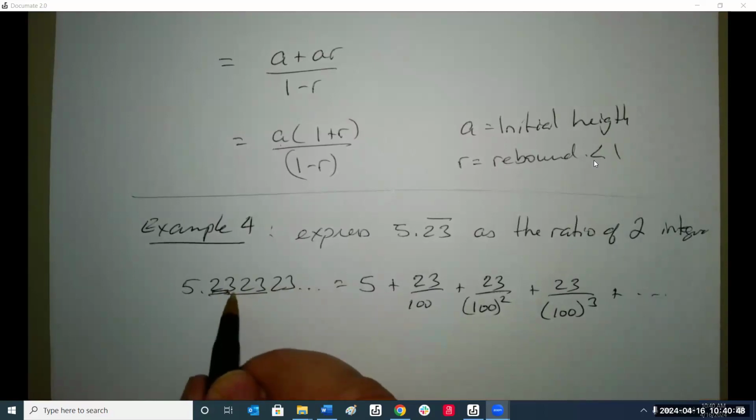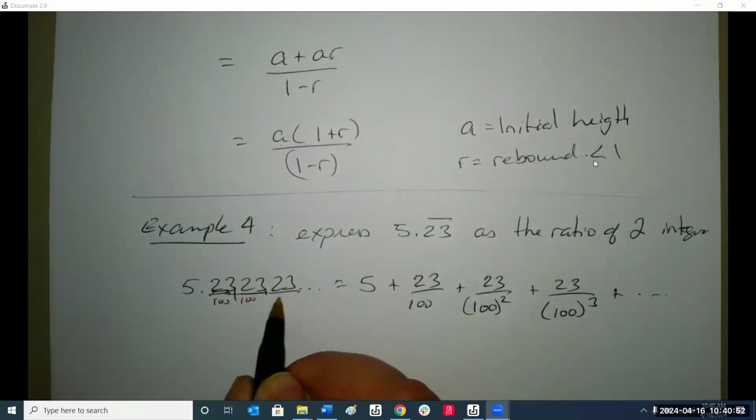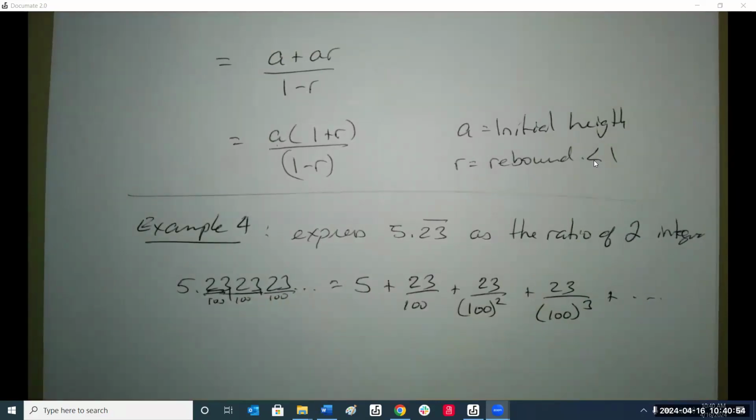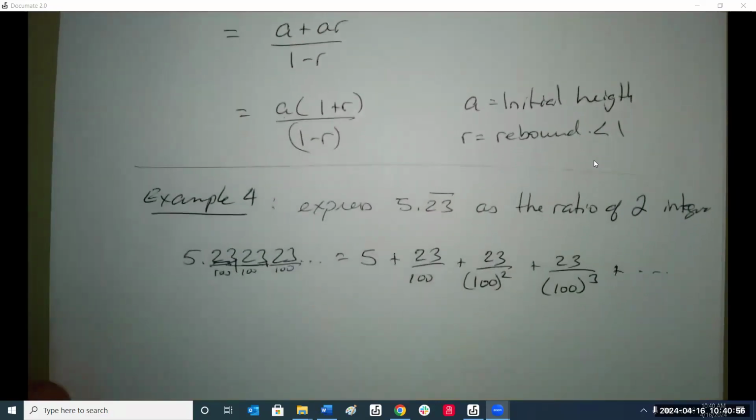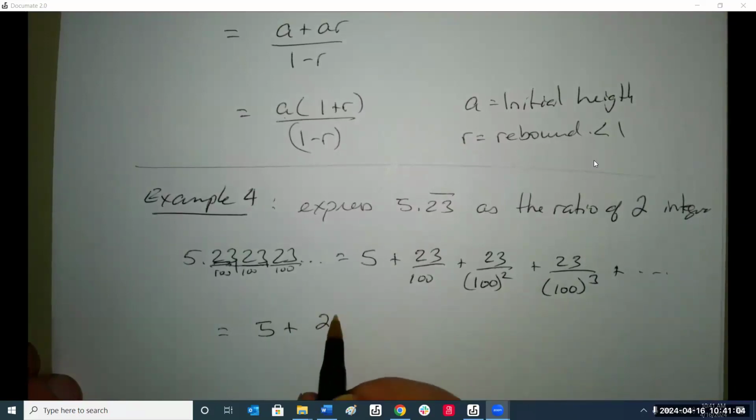Because they each happen in pairs of 2, so this is 100, that's another 100, that's another 100. So each of them has 23 over 100.